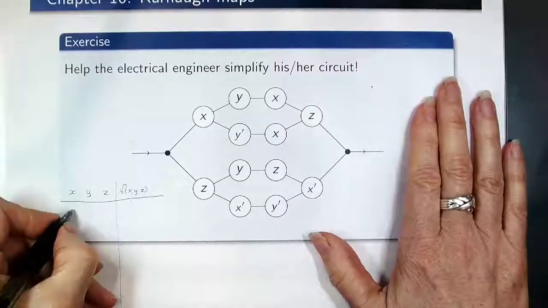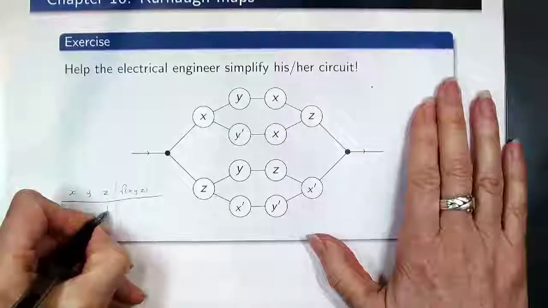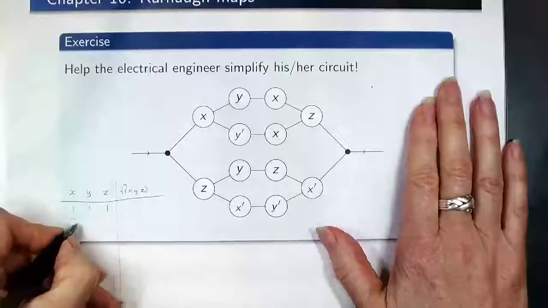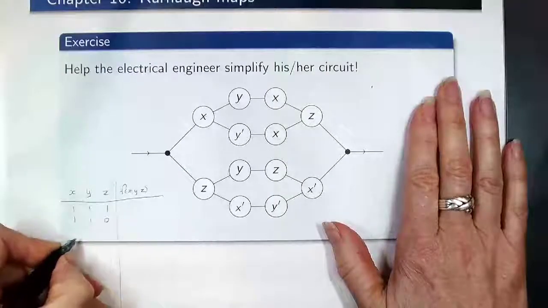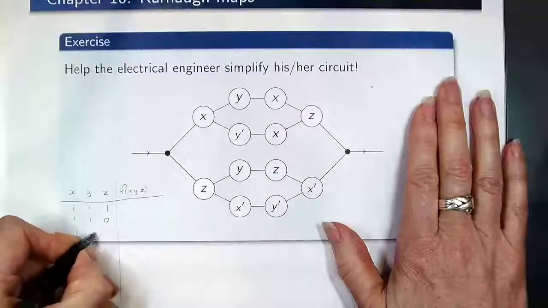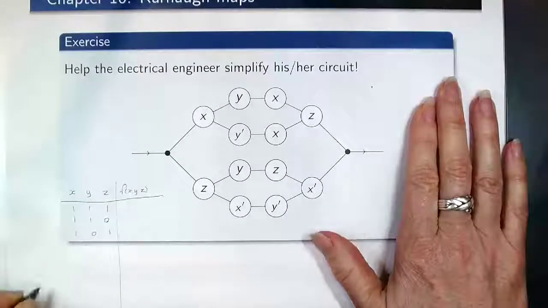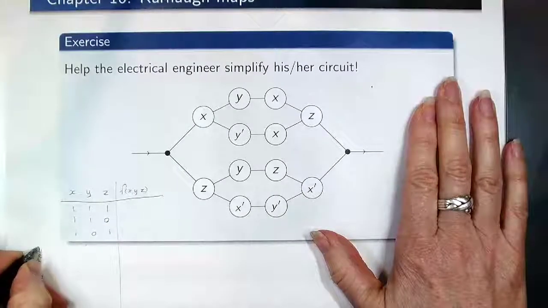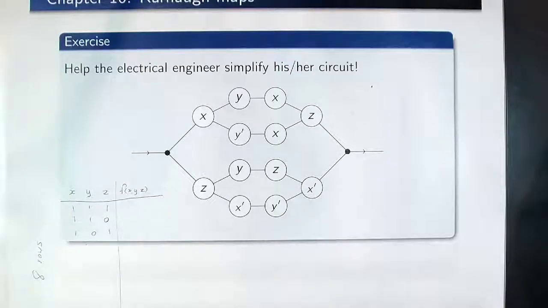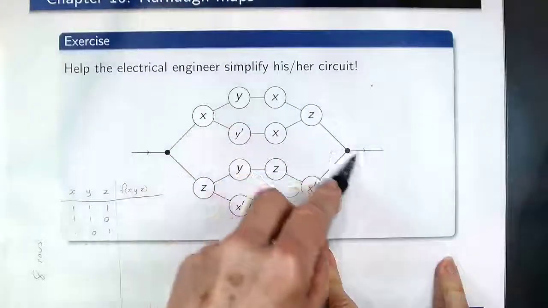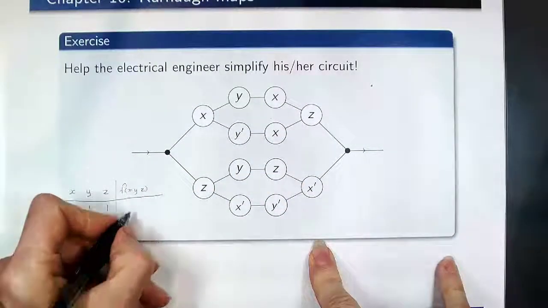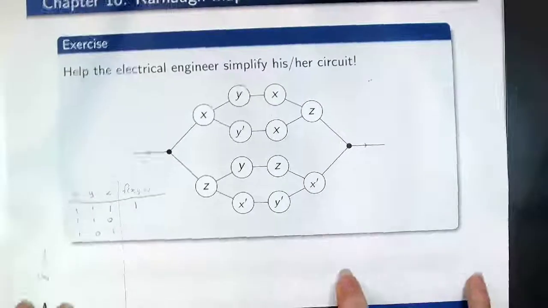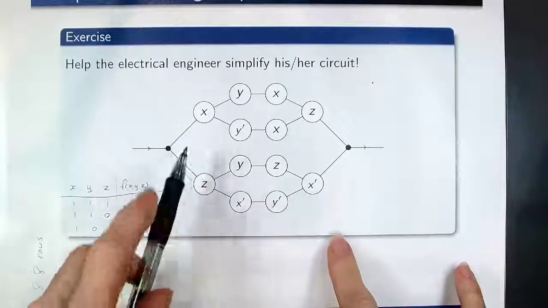Okay, so you've got all the possibilities. I don't have to put them in the same order as they were done before. I don't even know if this is the same order. Anyway, you're going to have 8 rows, right? Okay. All right, let's say that all switches are on. Oh, look, current will flow, won't it? Clearly. Okay. What if X and Y are on and Z isn't?